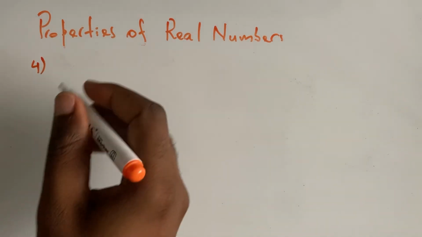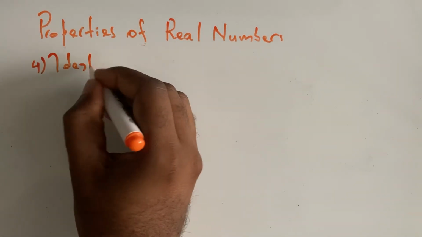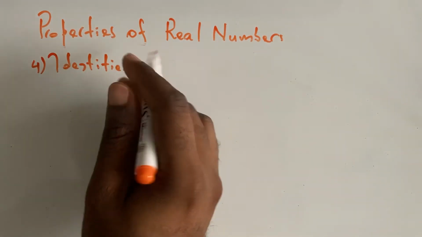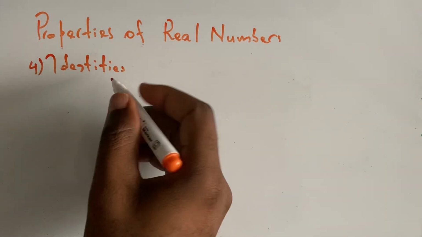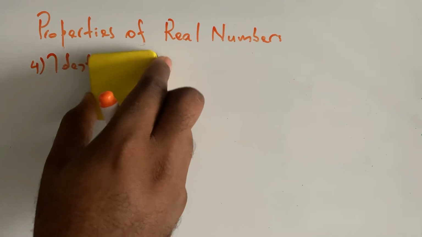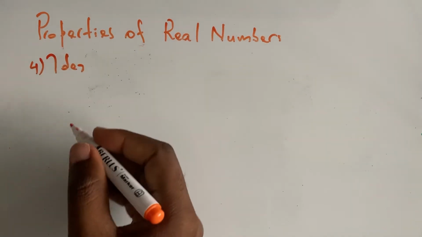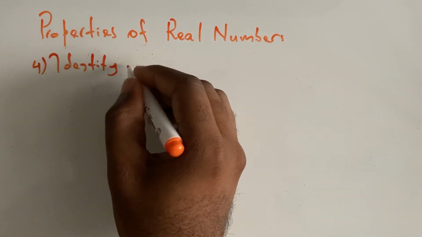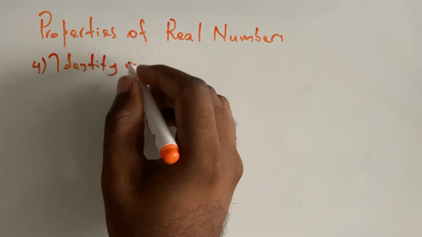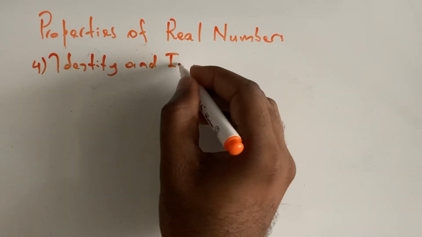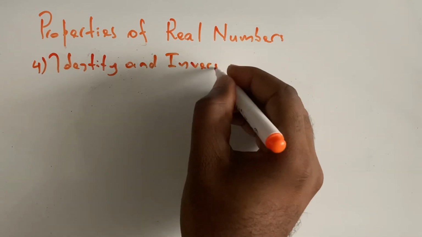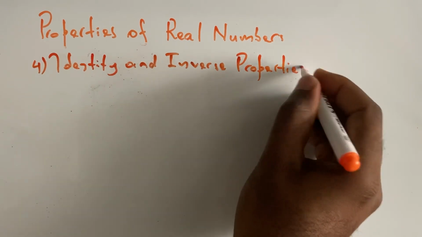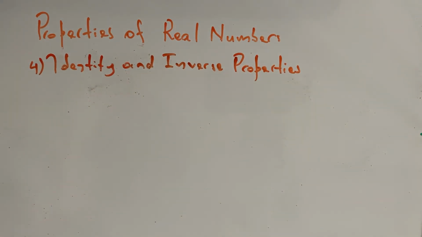So identity and inverse properties, since I'm just doing properties here. Okay, because they go really together in this case here.